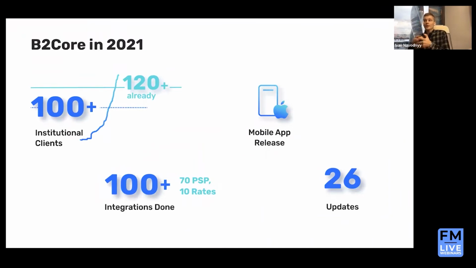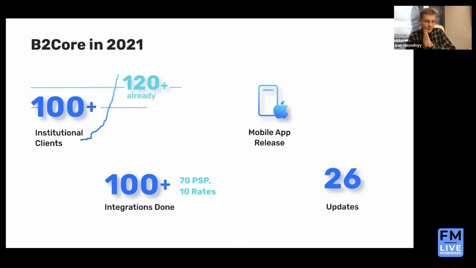When the client purchases B2Core, we provide not only the desktop version, we also provide the mobile application. They just open the Apple account, we provide the build, they press submit, and it's in the Apple Store. That's how we give the true turnkey experience, so that end users are able to make deposits, trade, and transfer everywhere, not just sitting in front of the computer.